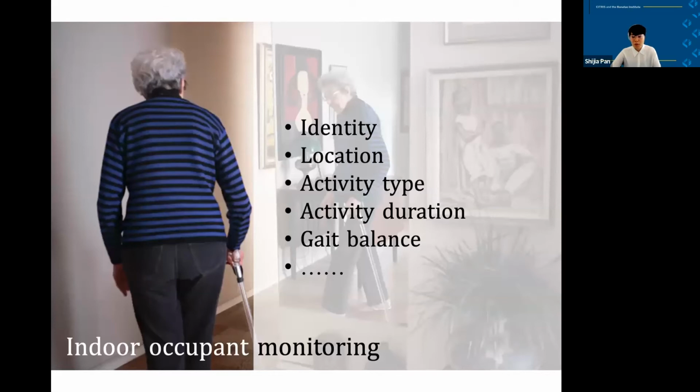The scope for this talk is focused on the physical measurement of people, where we want to know the identity, location, activity, and the various physical conditions of people, such as gait balance or other types of information for the indoor occupants.